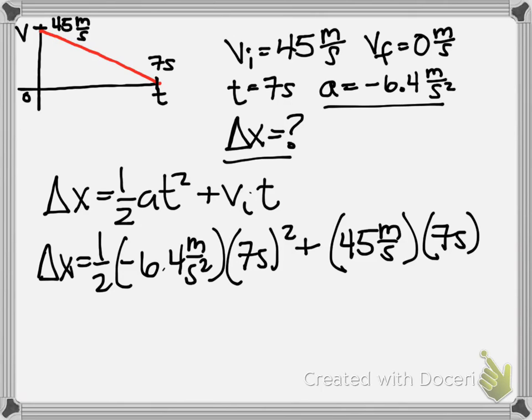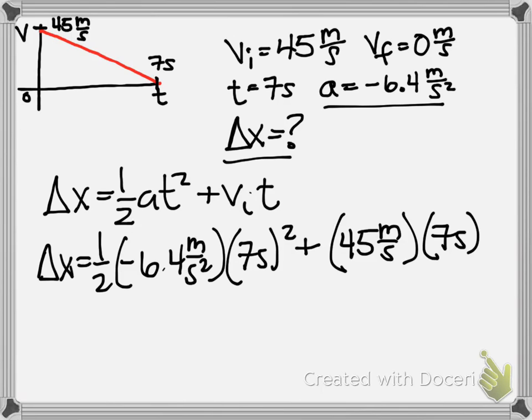Going in and working this down further, we get 7 squared is 49 times negative 6.4 is 49 times 6.4, 313.6.